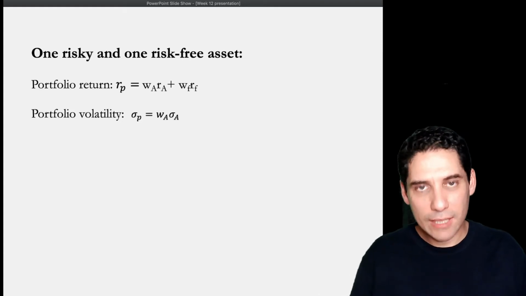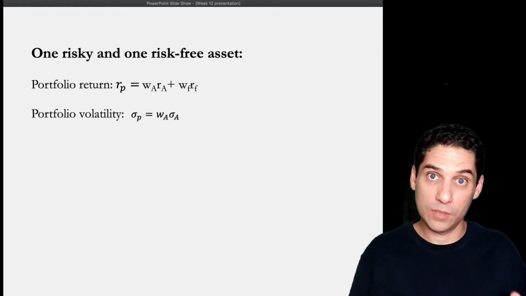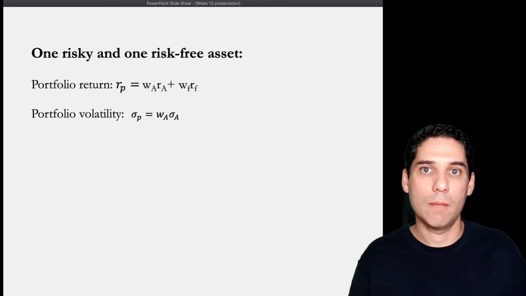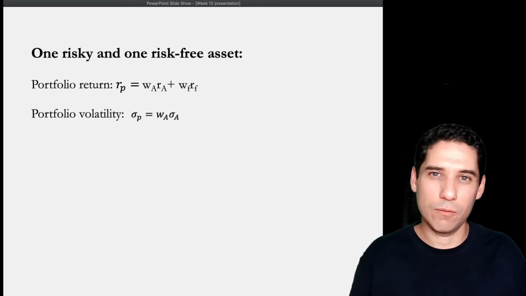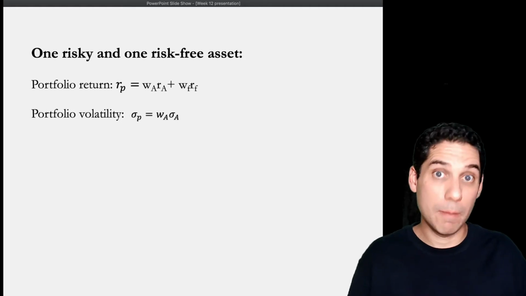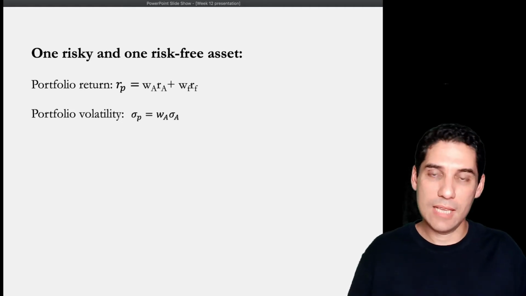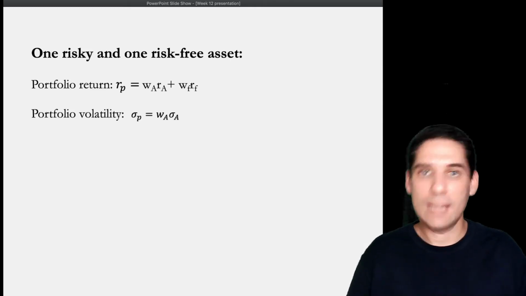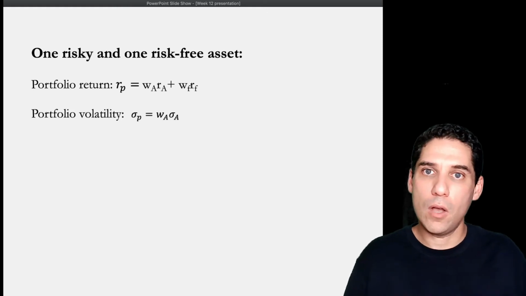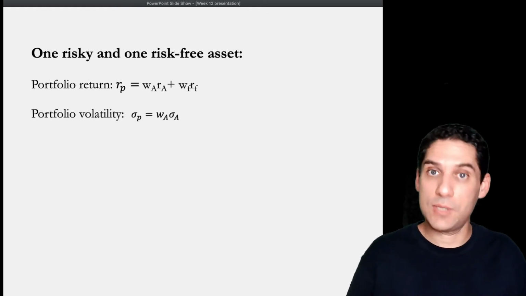Portfolio volatility, following from the previous formula, the volatility of a 2-asset portfolio, but what's going to happen is 2 of the 3 terms in that volatility formula have sigma B. So if you say the risk-free asset is B, sigma is 0, guaranteed, right? So those 2 terms fall out, and then we are left with the square root of weight A squared times sigma A squared.